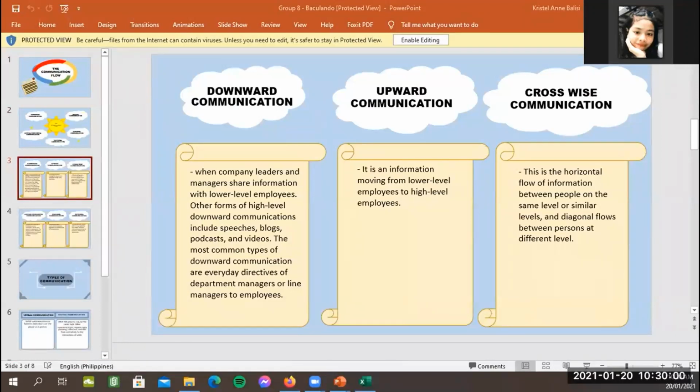For example, the janitor staff in department can communicate with their seniors. Another example naman po ay the managers, which is the higher level, can also communicate with the lower level employees. Sa crosswise communication po, parang pinagsama lang po silang dalawa ng downward communication tsaka upward communication.